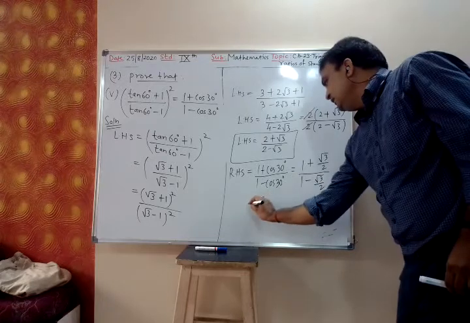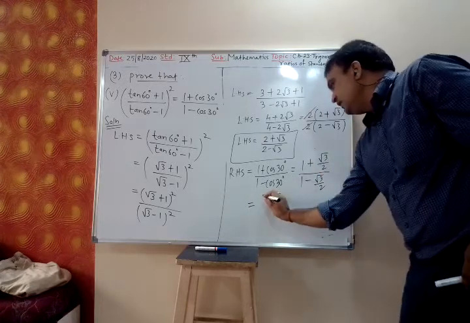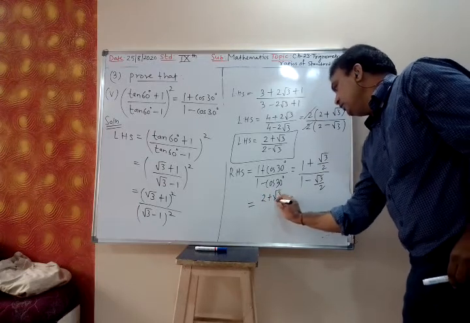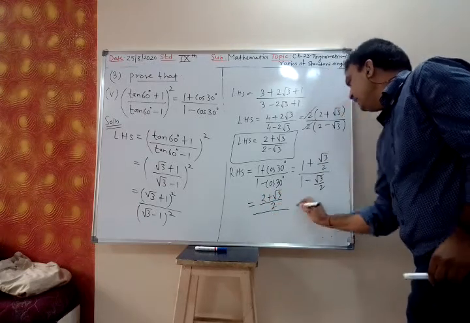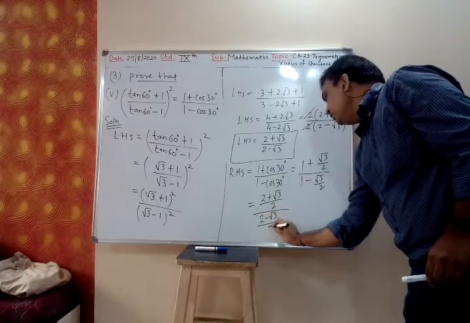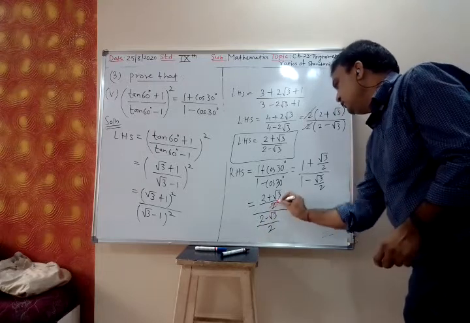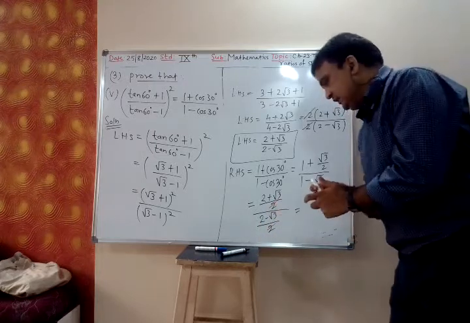Just simplify that. Cross multiply. So 2 plus root 3 upon 2, divided by 2 minus root 3 upon 2. Then this 2 gets cancelled.